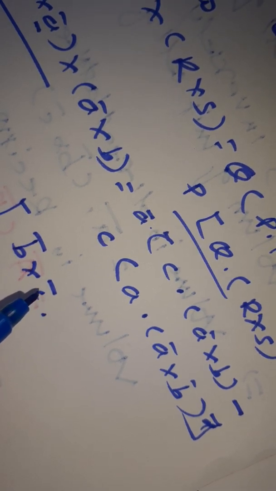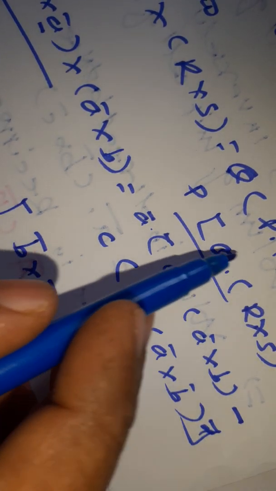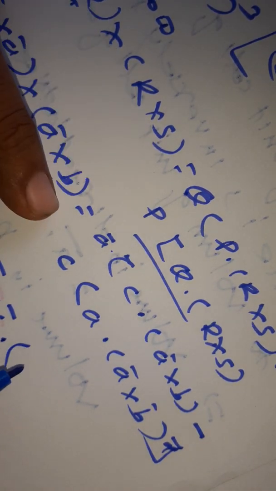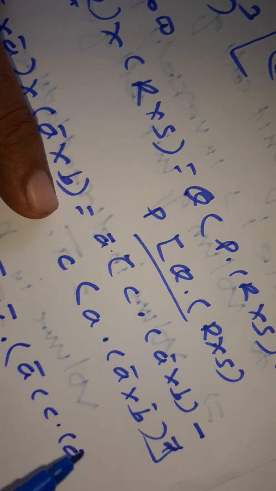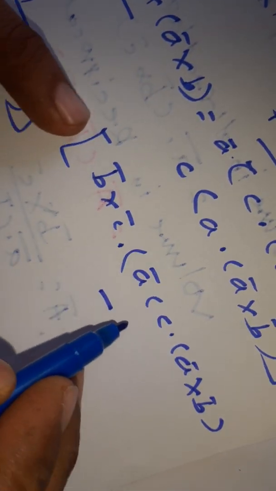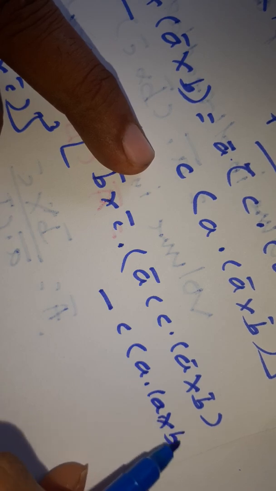This is replaced in bracket A bar C bar dot A bar cross B bar minus C A bar dot A bar cross B bar.